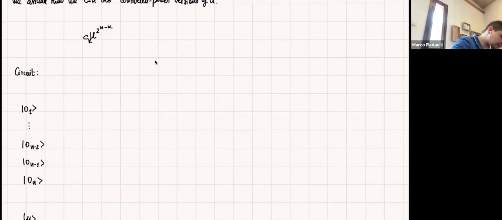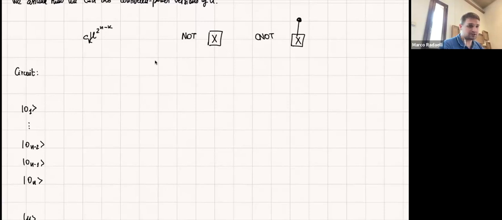You remember that you have the X gate, which is a NOT, and you have the CNOT gate, which is a NOT conditioned by another qubit: if the other qubit is in 0, we will not perform the NOT, and if the other qubit is in 1, we will perform the NOT.